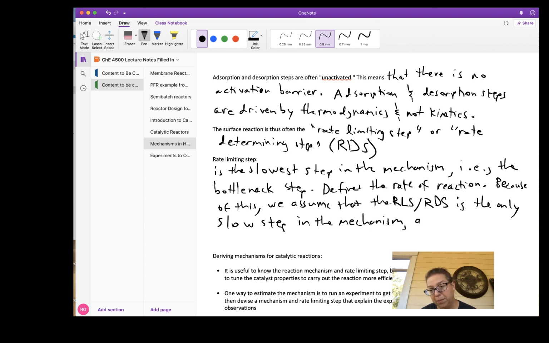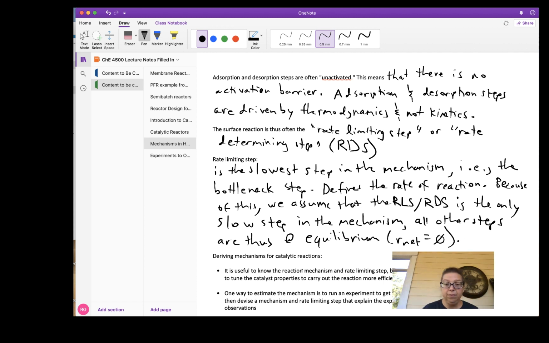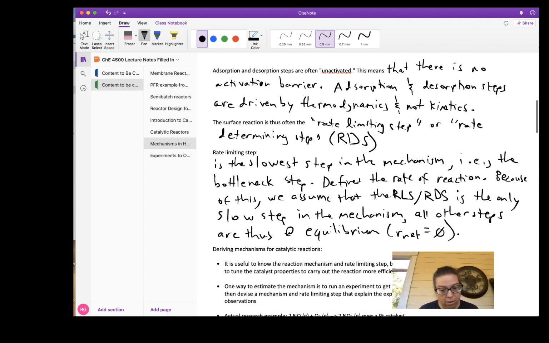And all other steps are thus at equilibrium. So their net rates equal 0. And we'll get to what I mean by that in just a moment.